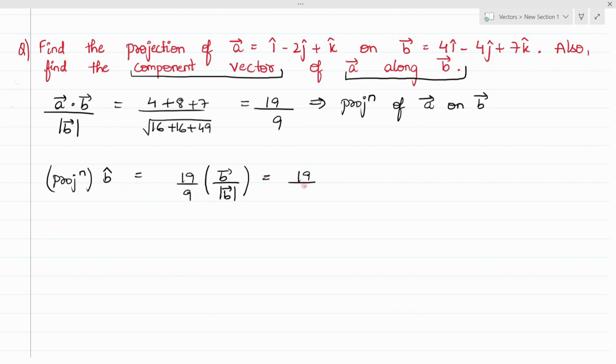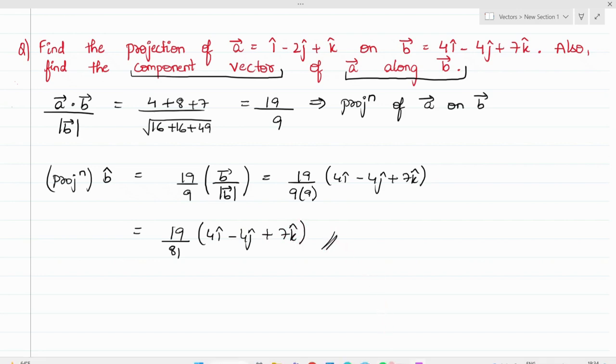B magnitude is 9. B vector is 4i cap minus 4j plus 7k cap. So finally it becomes 19 by 81 into 4i cap minus 4j cap plus 7k cap. So this is the required answer to this question.